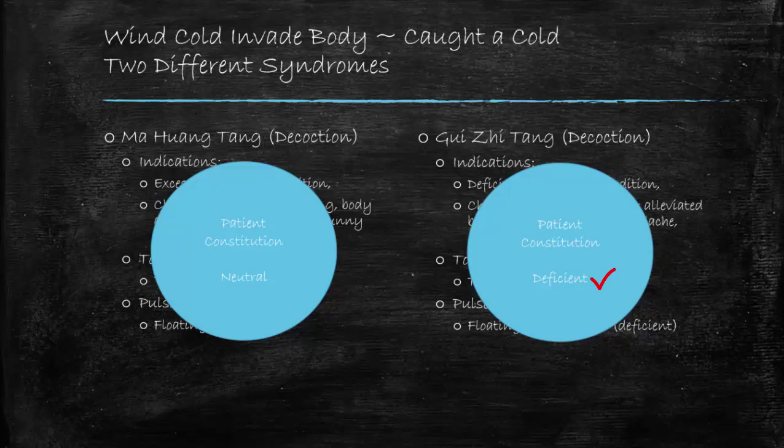So even though they are invaded by the same pathogenic factor, wind cold, the syndromes that we diagnose are two different syndromes, right? Ma Huang Tang we diagnose as excess wind cold. Gui Zhi Tang we diagnose as deficient wind cold. These two different syndromes require different treatment principle and method.